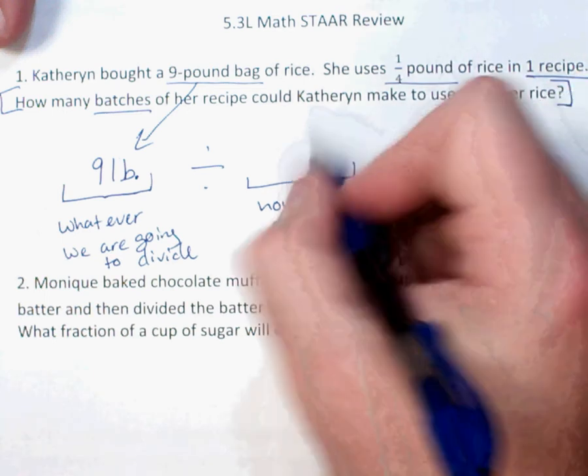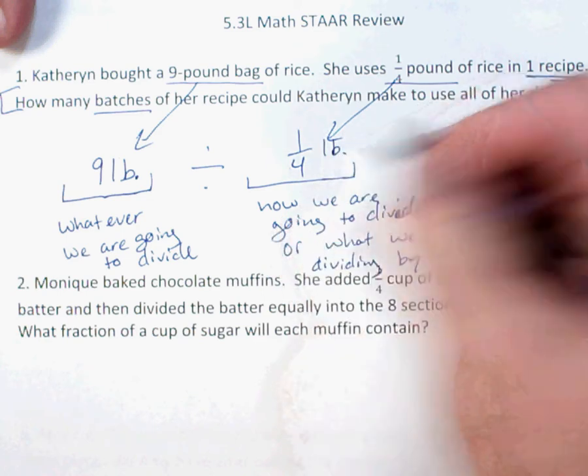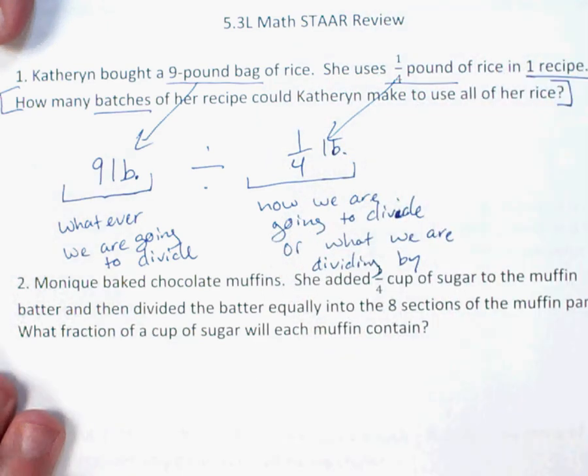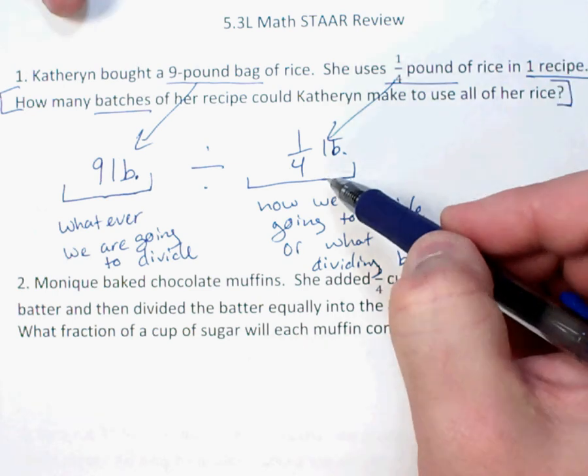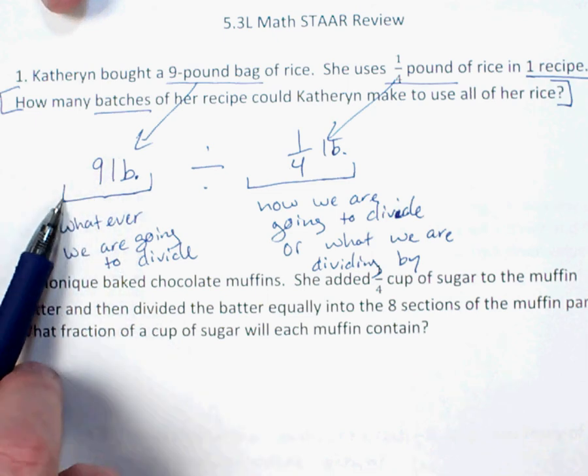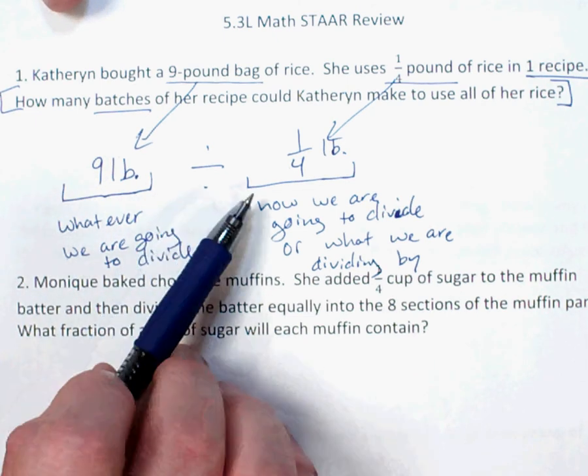And in this case, we're going to divide into 1/4 pound sections, because that's what she uses for each batch. For each batch in the recipe, she uses 1/4 pound. So we've got this 9-pound bag. That's what we're dividing. And we're going to divide it up into 1/4 pound sections.